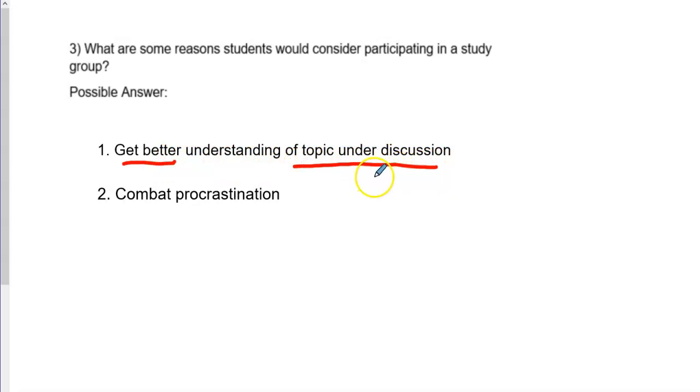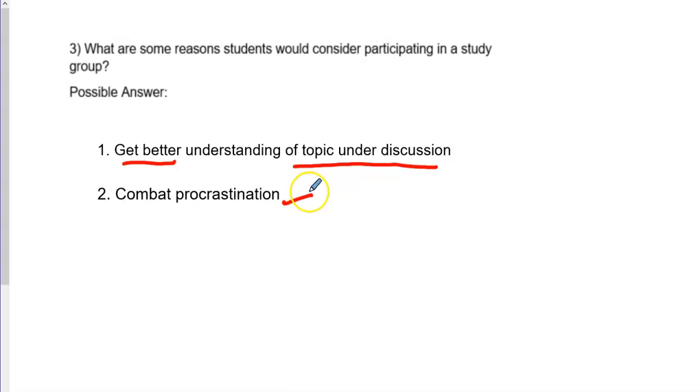Sometimes something happens in class and you're not too clear, but when you sit down with your friends and colleagues to discuss it, and you get different perspectives from different angles, it helps you to understand the subject better. And so that is one thing. The next thing is that sometimes we procrastinate a lot, maybe due to other commitments.